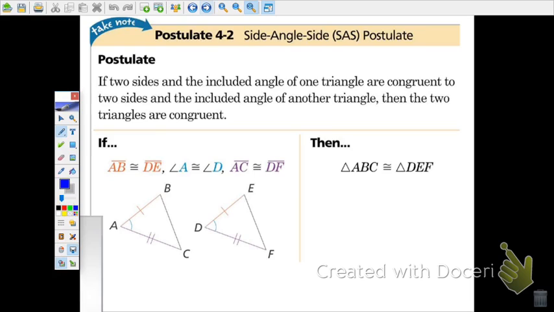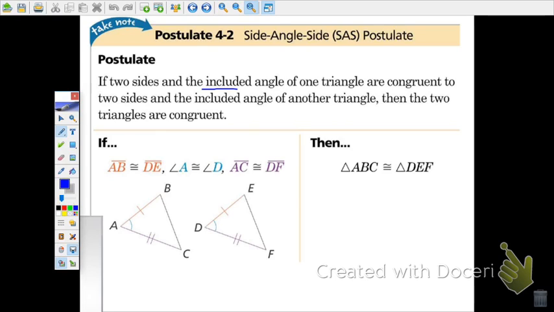The other one that we're going to work with today is the side, angle, side postulate. This postulate says if 2 sides and the included angle of one triangle are congruent to 2 sides and the included angle of another triangle, then the 2 triangles are congruent. With side, angle, side, order is important.